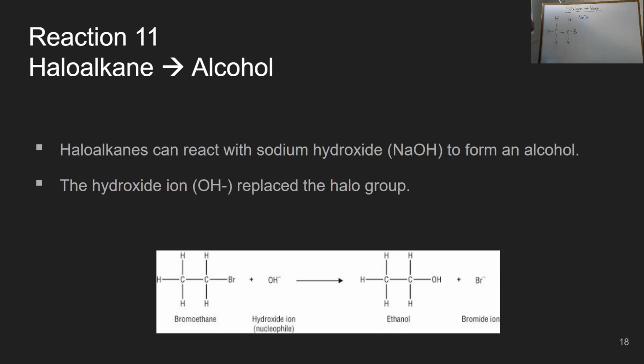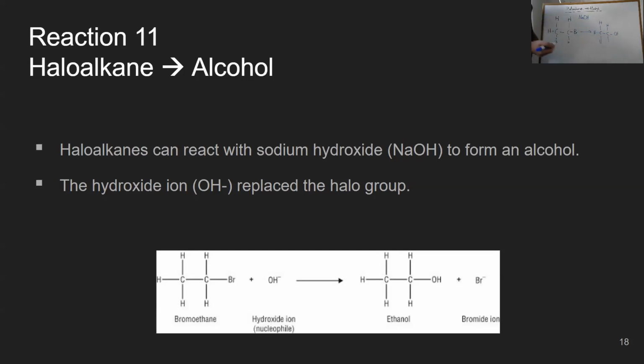So in the form of sodium hydroxide, when we put them into a solution, Na and OH break off from each other, and the OH of the hydroxide replaces the halogen, and on the end we have OH.